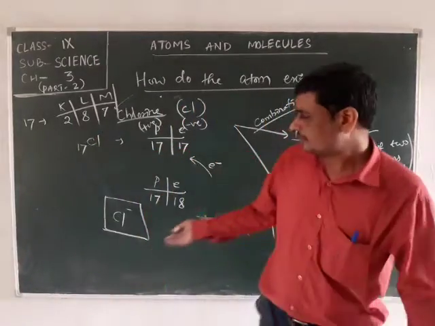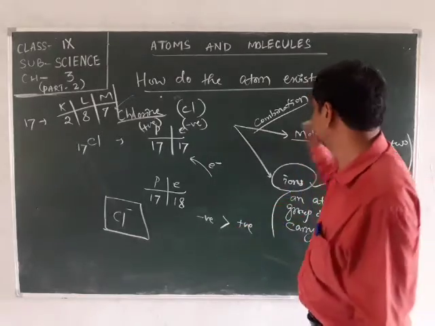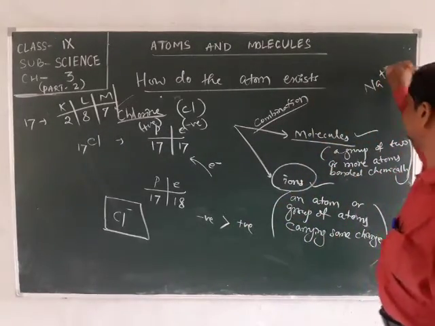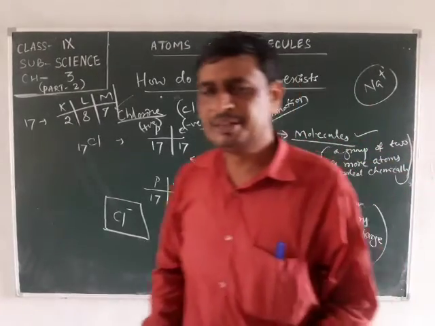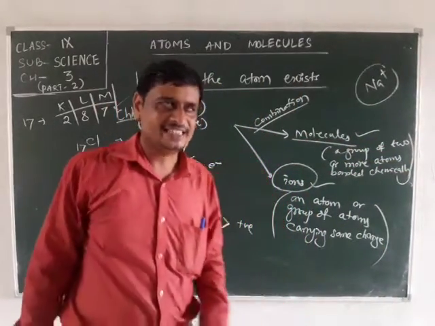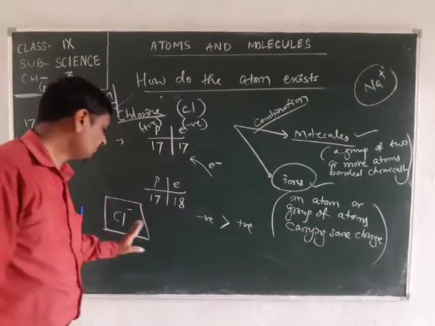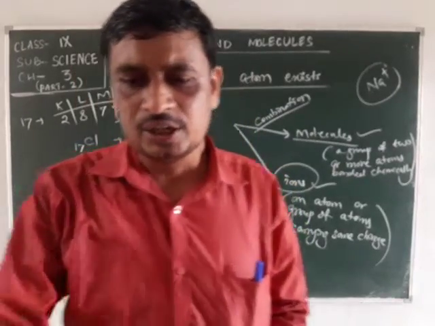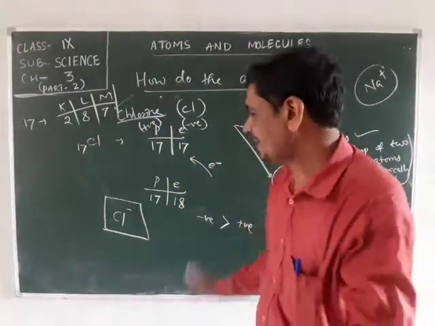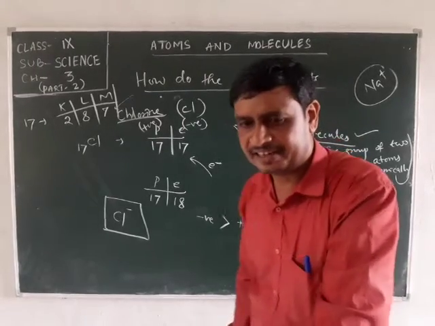In the sodium case we observed Na plus, but here it is Cl minus. These are ions of different natures. Sodium forms a positive ion, whereas chlorine forms a negative ion.